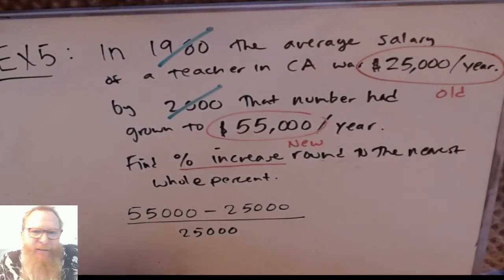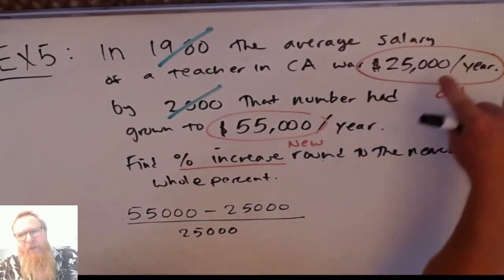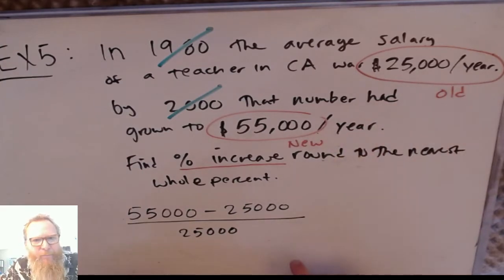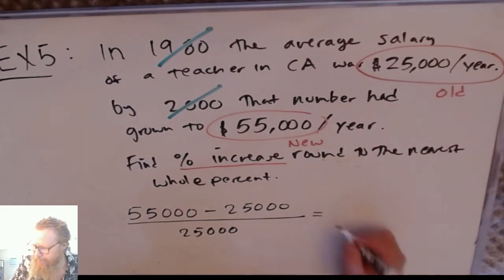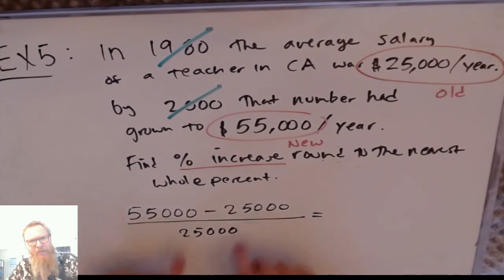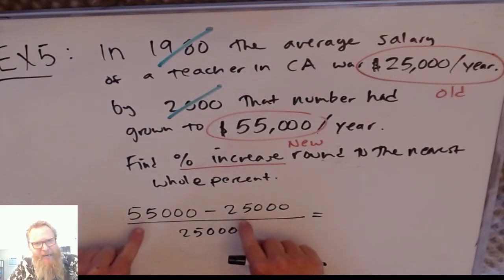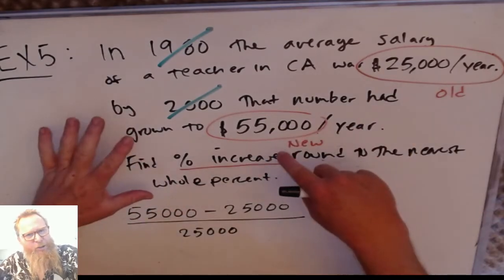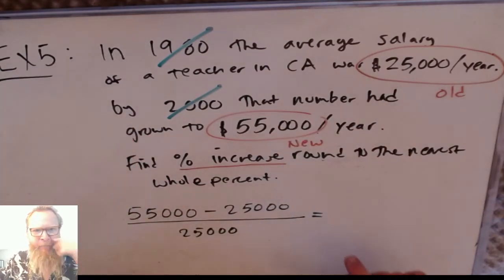In fact, I've made that mistake. Just be going too fast and you go new minus old, and then you accidentally divide by the new, which is one of the reasons why I label them. Now this should come out to be positive because I set it up correctly. If it accidentally came out to be negative, then I would read the question again and go, wait a minute, it can't be negative. It's got to be positive because it's an increase.